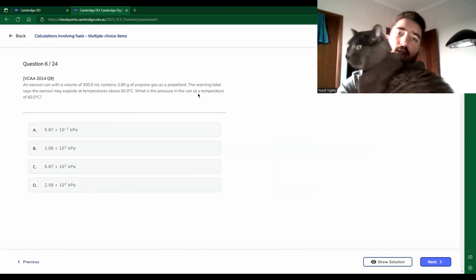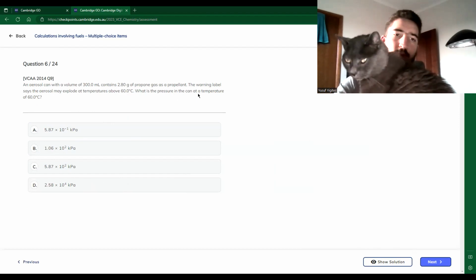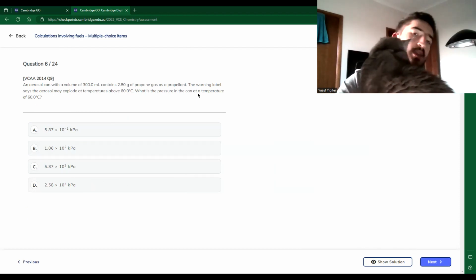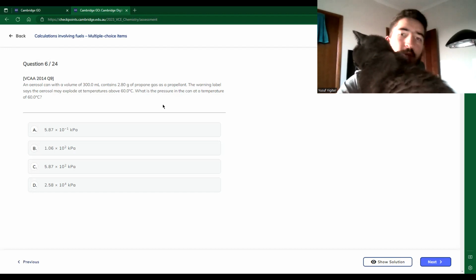So the warning label says the aerosol may explode at temperatures above 60 degrees. What is the pressure in the can at a temperature of 60 degrees? Just looking for pressure. Now, remember the formula.